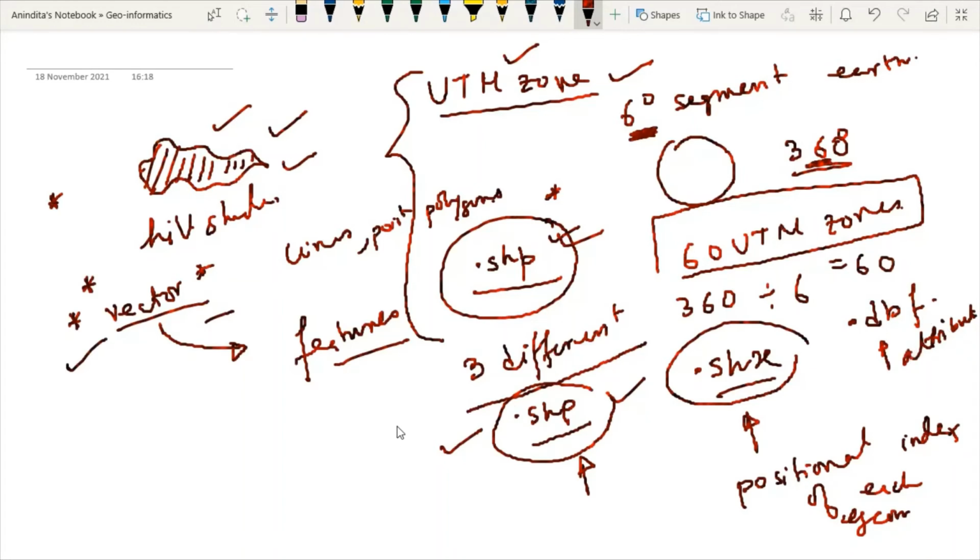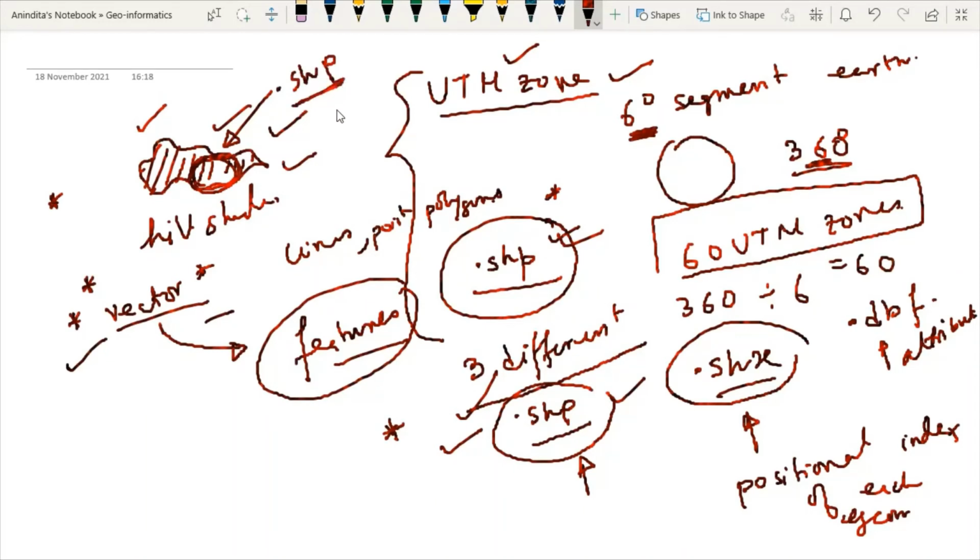So you have to always keep in mind that whenever you want to access the vectors or the features, you have to access this .shp file. If this is the raster and you are considering some protected boundary on this raster, you are accessing the vector or the feature. At this point you need to access the .shp file, but you cannot use it in isolation.